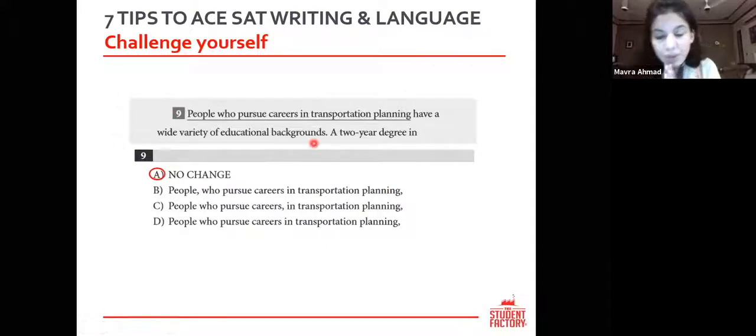I am going straight to the correct answer because I would like to explain why all the other 3 options are incorrect quickly. So option B, people who pursue careers in transportation planning.